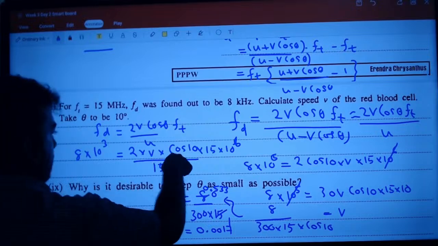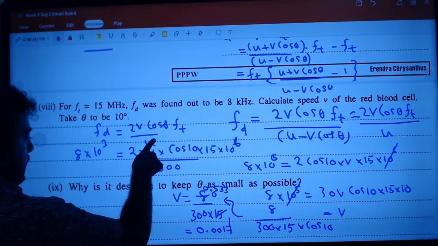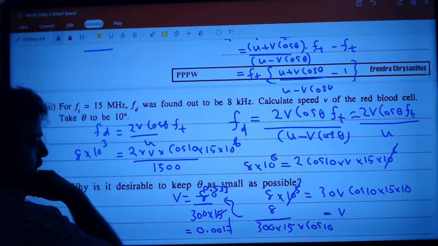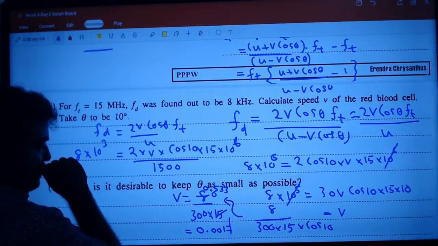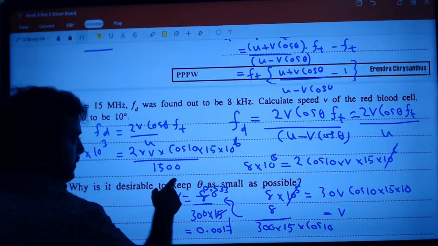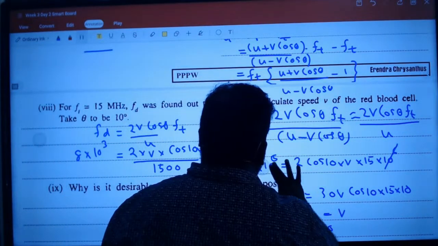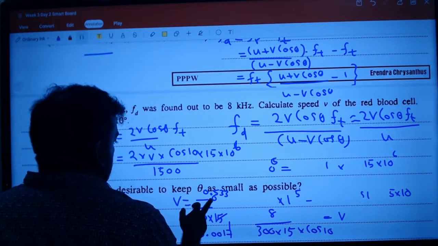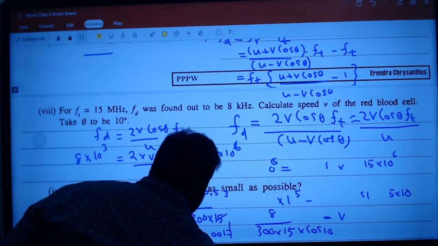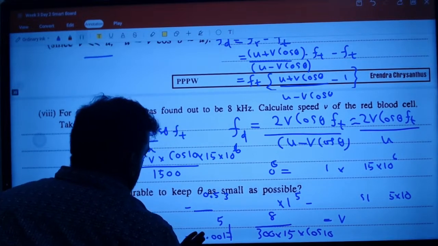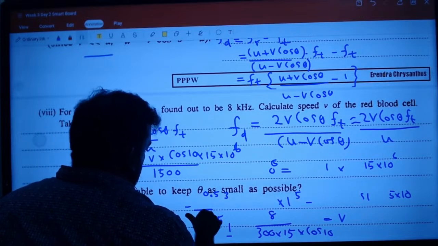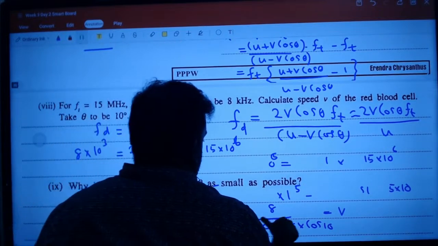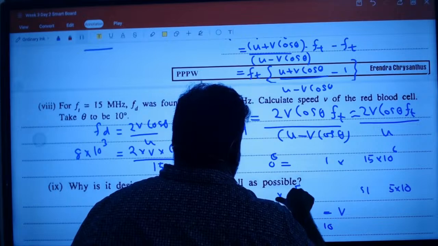Let's check the calculation here. Let's erase this.